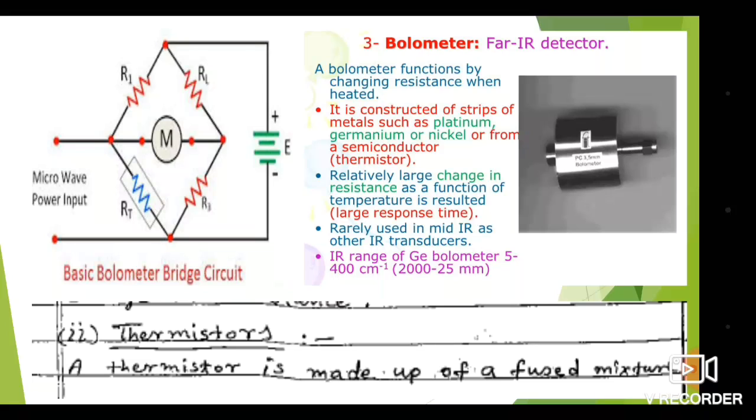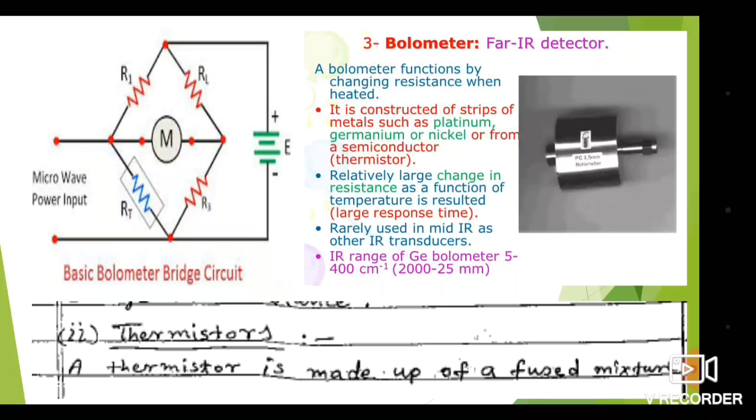It is rarely used in mid IR as an IR transducer. The IR range of a bolometer is 5 to 400 cm⁻¹, that is, nearly 2000 to 25 micrometers. This is about the bolometer.